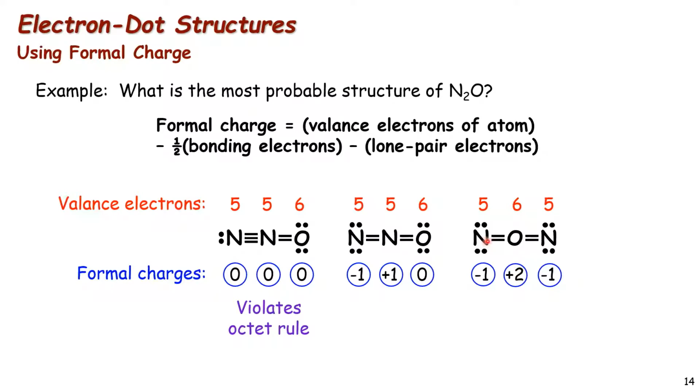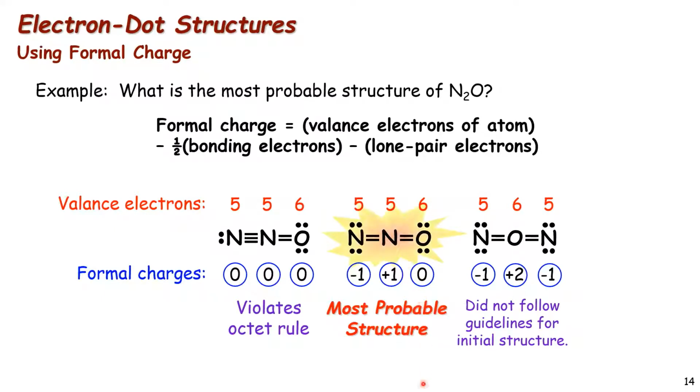Nitrogen is less electronegative than oxygen, so nitrogen should have been our central atom, not oxygen. So again, we didn't follow the guidelines, and the formal charges are going to play that out as well. Okay, so we're stuck with this guy here. It has 2 non-zero formal charges, but we can't do the other because we can't violate the octet rule. So this is the most probable structure that we're going to find in nature.